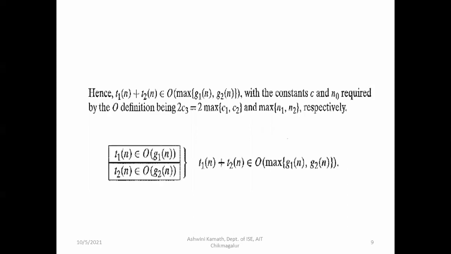That will be n naught. So T1 of n belongs to big O of g1 of n, and T2 of n belongs to big O of g2 of n. Then T1 of n plus T2 of n belongs to big O of the maximum of g1 of n comma g2 of n. Okay, I hope you understood the concept.